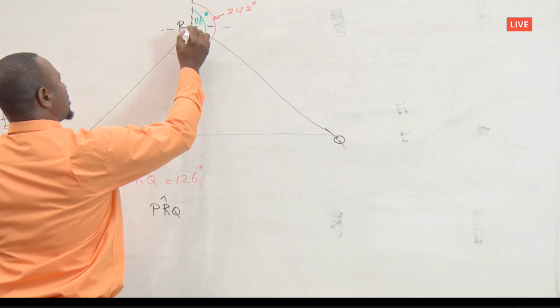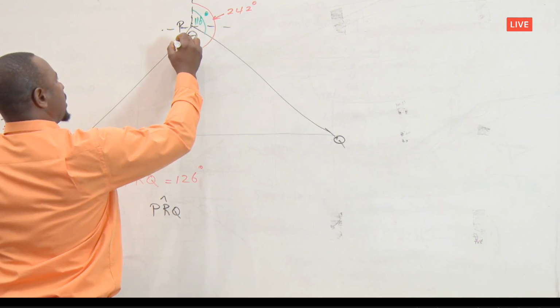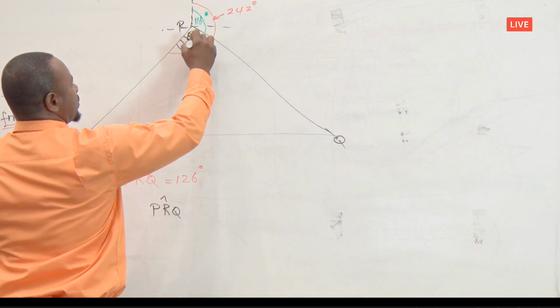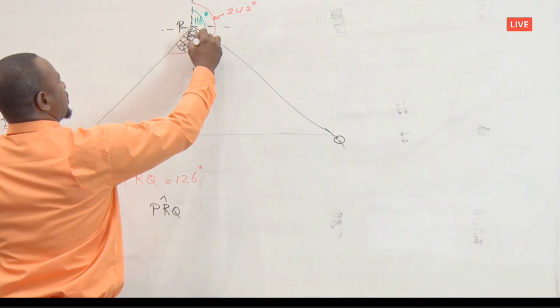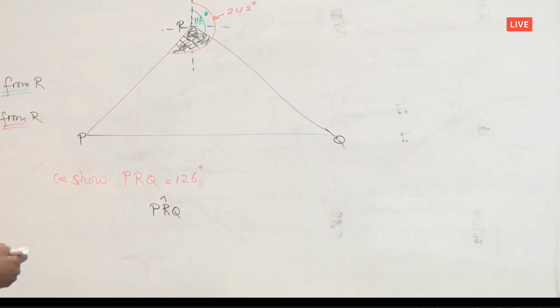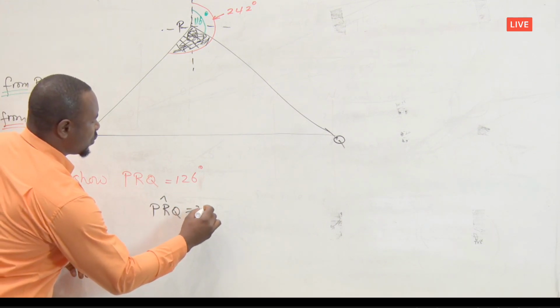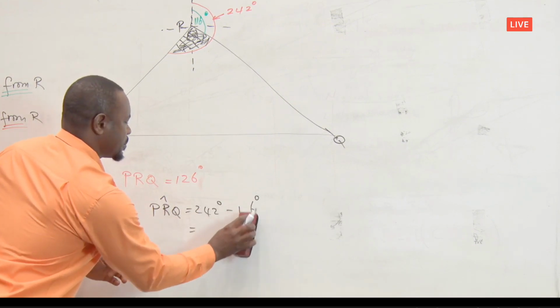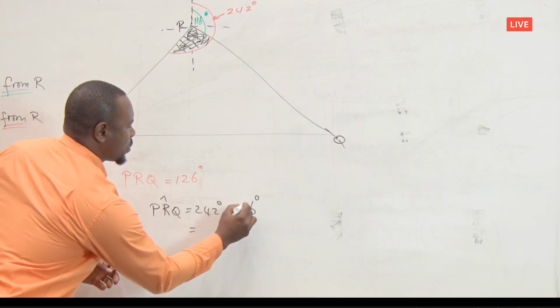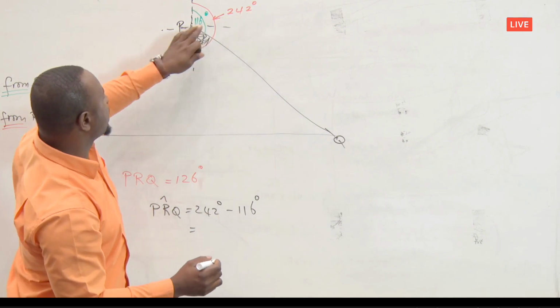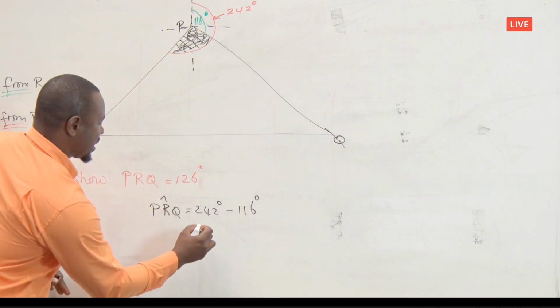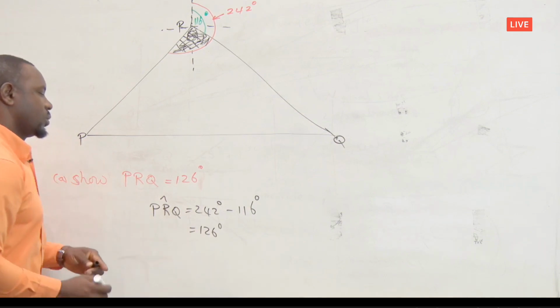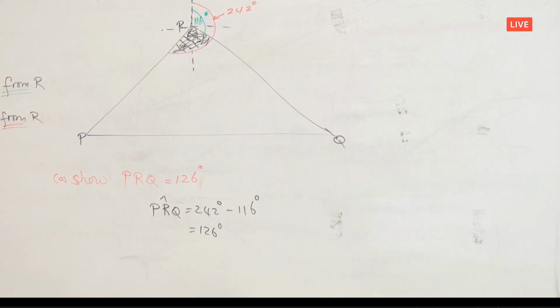This angle value is what we want to find. So PRQ would be 242 degrees, okay? 242 minus 116, which gives us, without a doubt, 126 degrees. Okay, so that's quite straightforward.